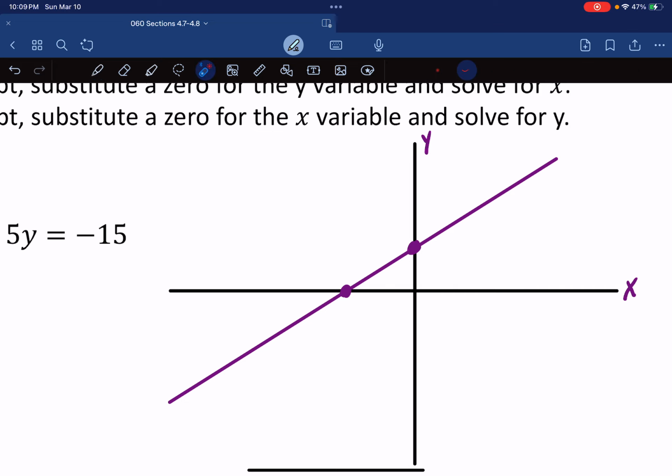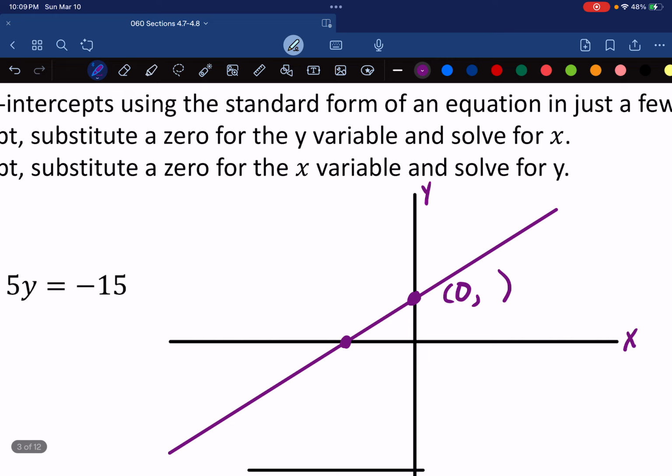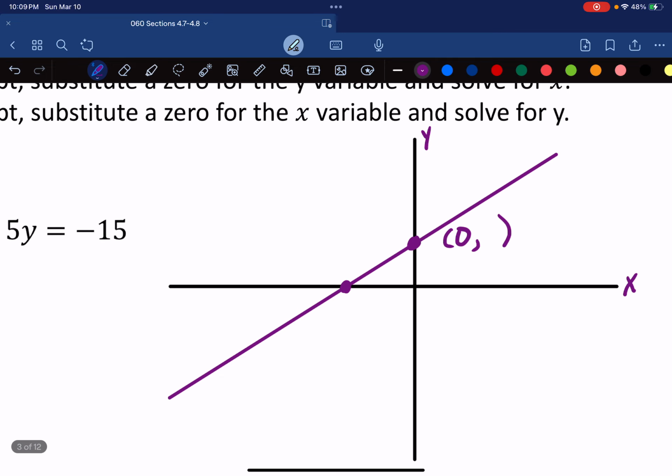If we're looking for the point here at the y-axis intersection, we have to ask ourselves, to get to that point from the origin, how many spaces do I have to move left or right first? Well, it's already on the y-axis, so I don't move left or right. So my x-coordinate is 0, which is why that original point is 0.